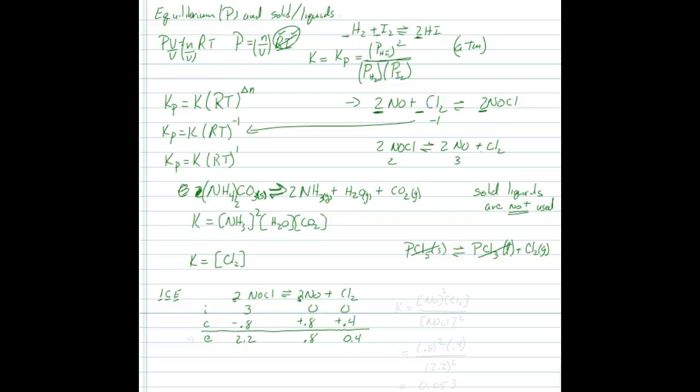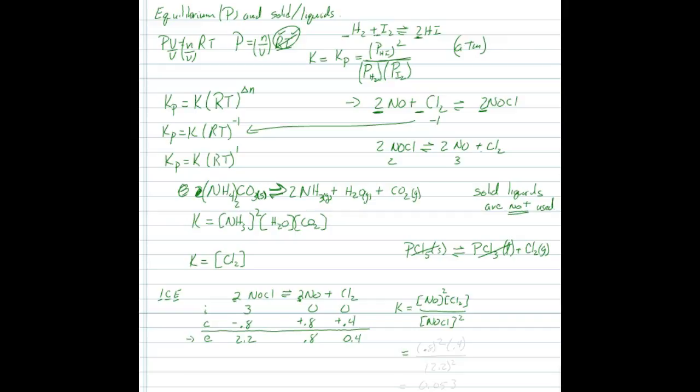Now you have your equilibrium concentrations, so you can write the K expression, which is what you have to do to start off with. If you don't, it's not correct. K equals NO squared times Cl2 over NOCl squared. So that's your expression. And now you plug in the equilibrium concentration values. Just plug it in and chug it in.